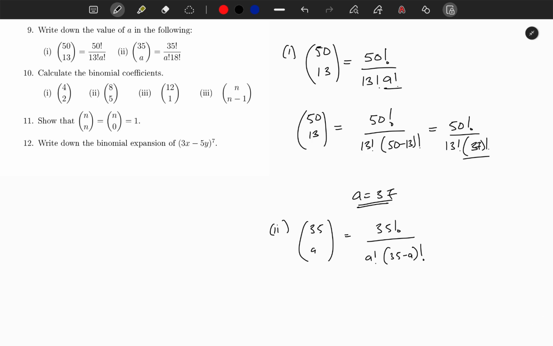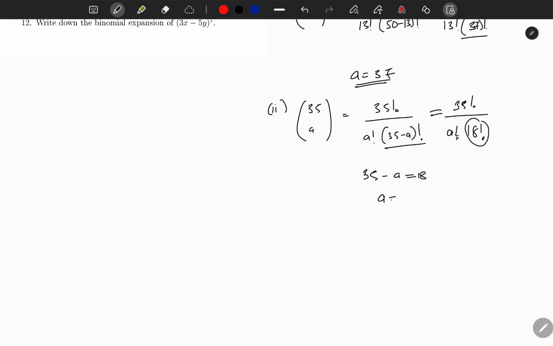But remember, this is equal to this part here, 35 factorial over a factorial, then 18 factorial. So we are saying 35 minus a is equal to 18. Then you can solve for a. We have 35 minus 18, which gives us 17. So you've seen, the scenario is the same.